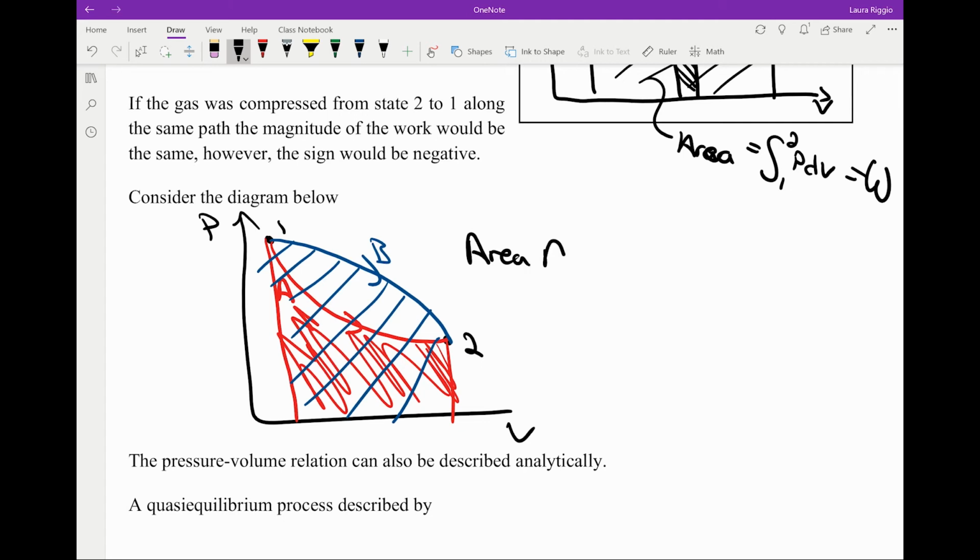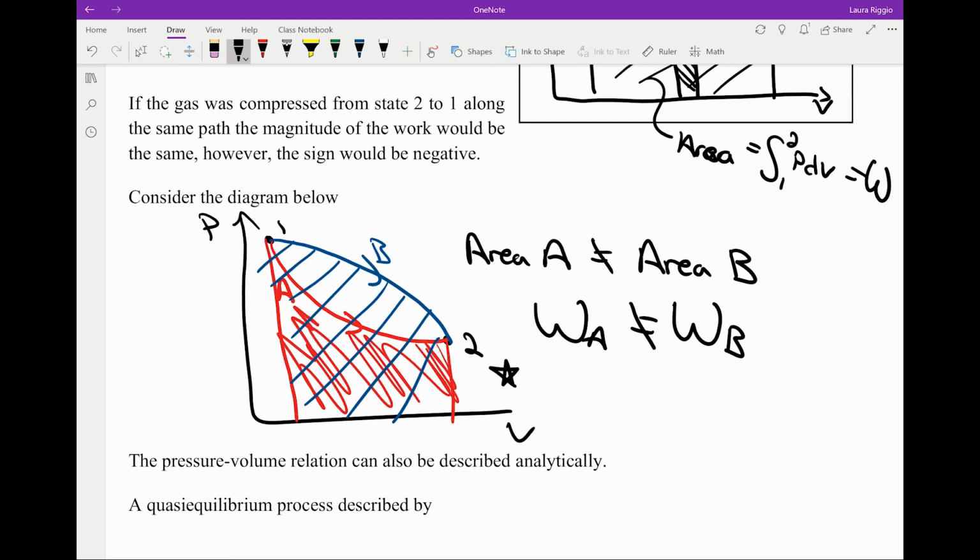So area A does not equal the area of curve B. So the work for A does not equal the work for B. And this just further demonstrates how work is process dependent, which means that work again is not a property.